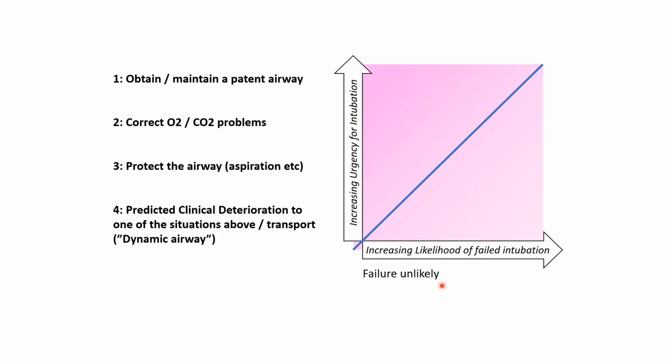So if the failure is unlikely, then it's all right. Then we can intubate always if we want to. But if failure is likely, then we have to weigh up the risks and benefits.